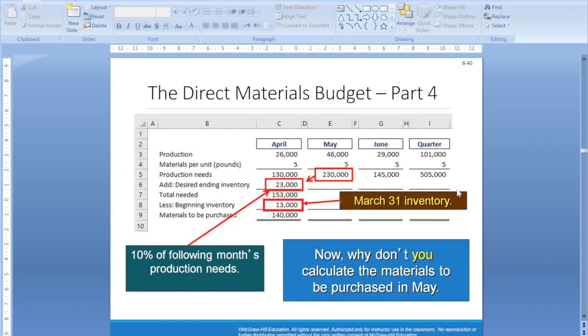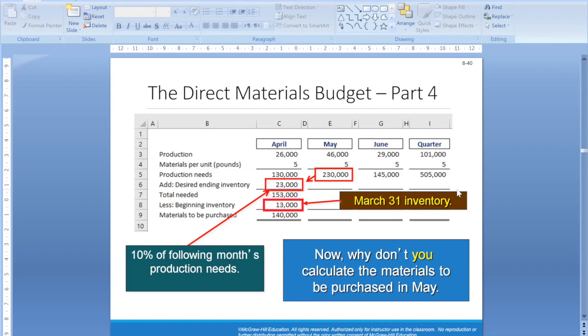Now, I need 130,000 production needs for April, plus the 23, which represents the 10% of the next needs. So in total I need 153,000 pounds, which is 130 plus 23.